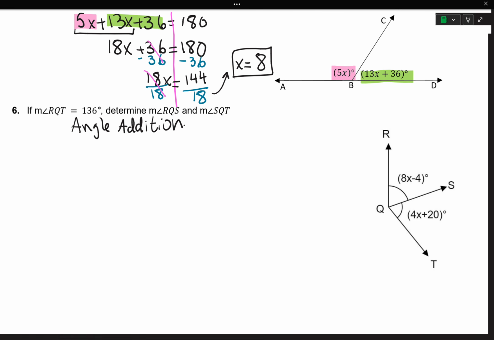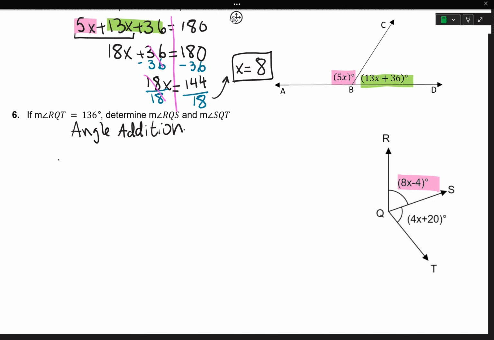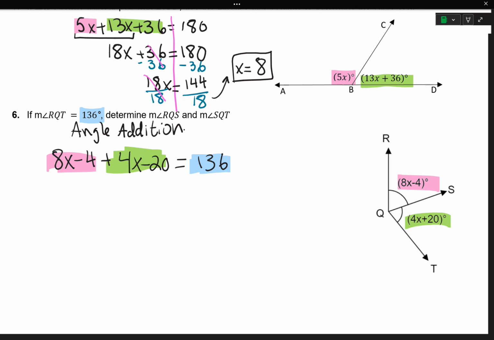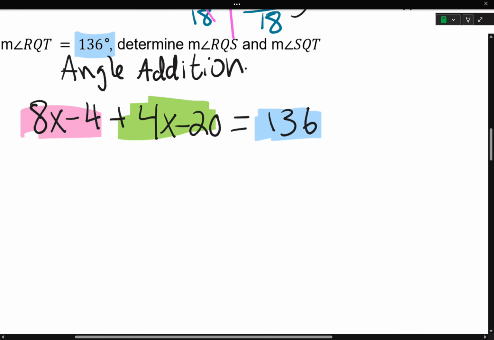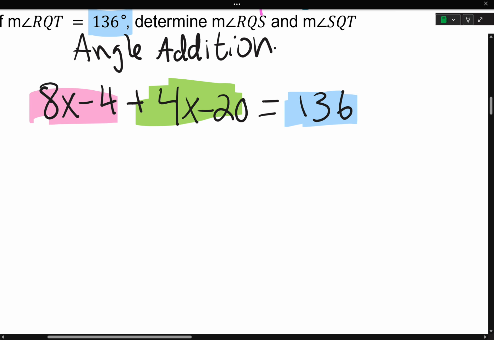So we have 8x minus 4 plus 4x minus 20 equals 136. And RQT is 136 degrees. Alright, let's solve for x, and then we can plug it back in to find what the angles are on their own.